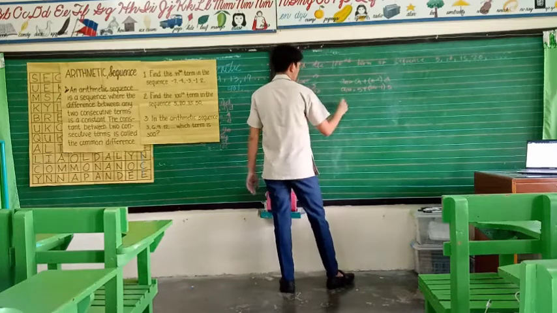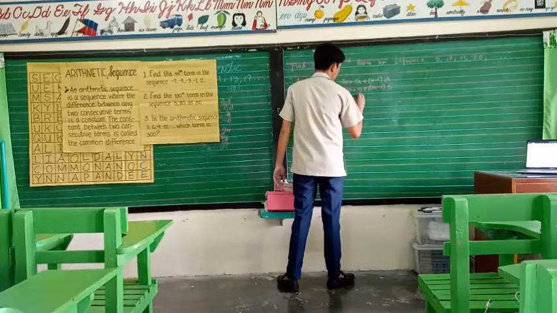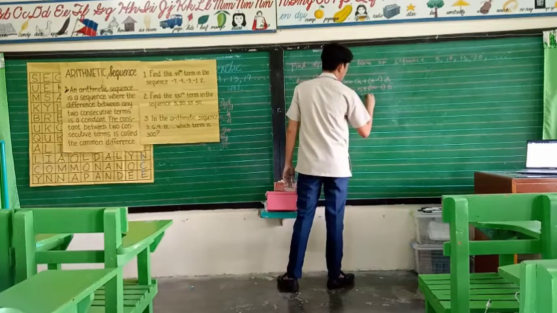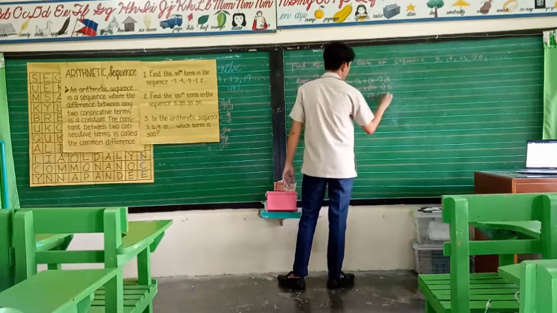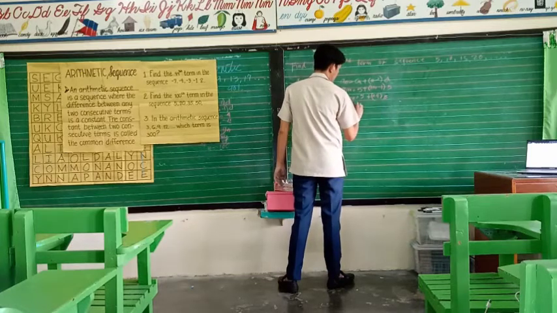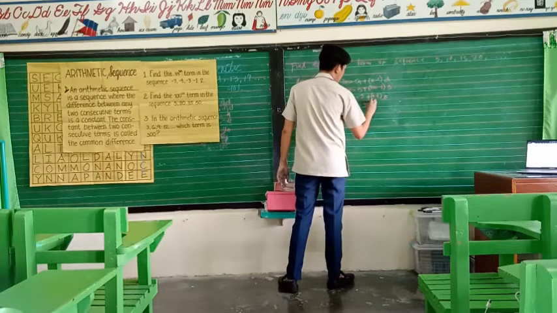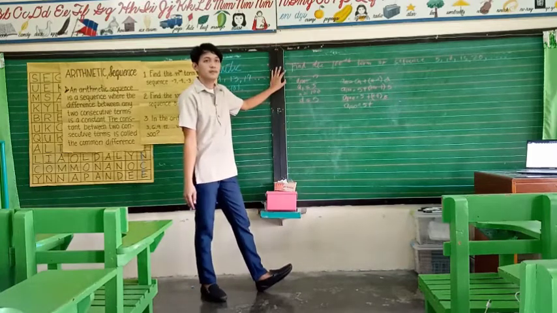So we have a sub 100 is equal to 5 plus 99, because 100 minus 1 is 99, times 5. Wait, sir.